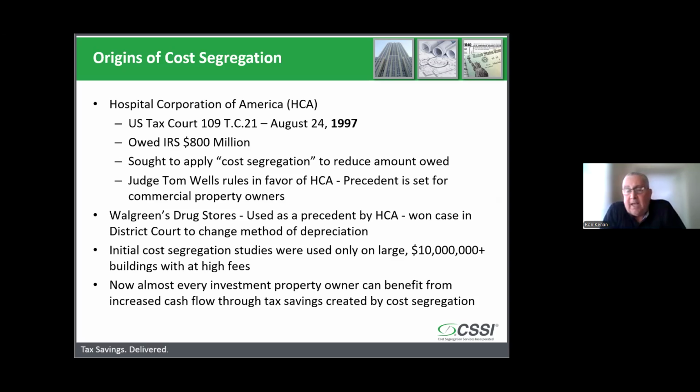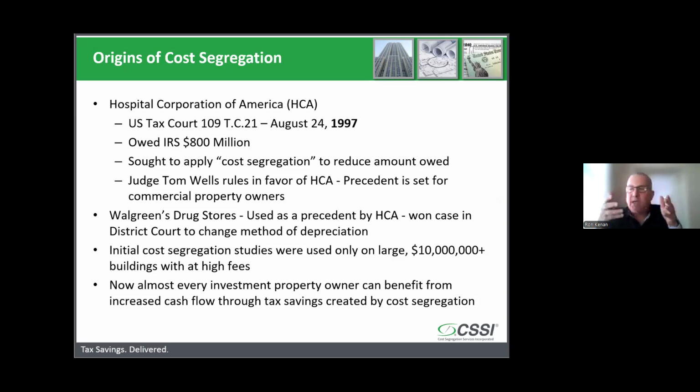And they claimed that the way the IRS calculates depreciation is not fair because many components in their property depreciate much faster than 39 years, for example, in a hospital. For example, the air conditioning, the HVAC system doesn't last 39 years, or your roofing, you have to change much more often than 39 years.